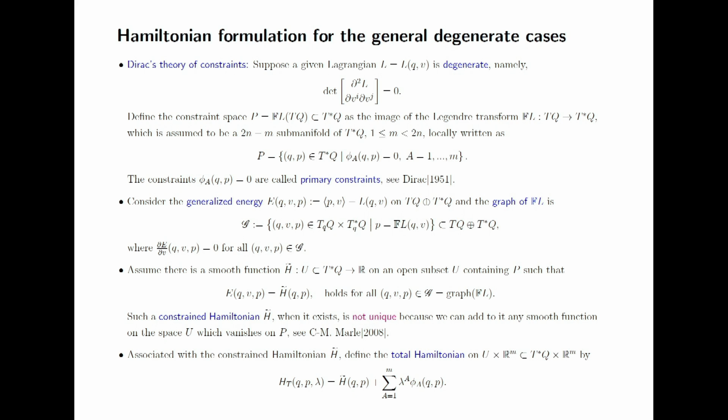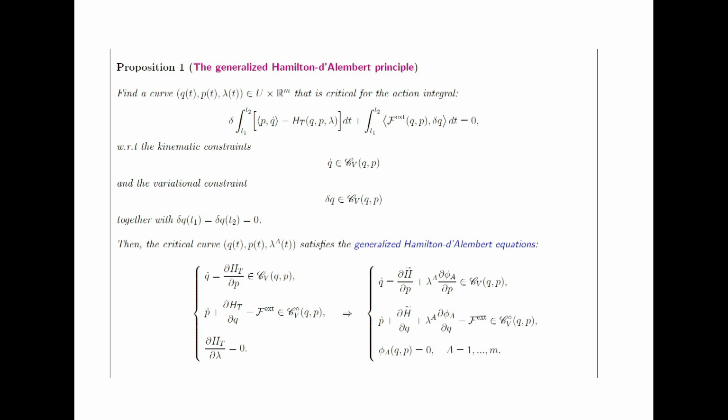But the constraint Hamiltonian is not unique, and we can define the total Hamiltonian by complementing the primary constraint set using the Lagrange multiplier. Then we also apply the generalized Lagrange-D'Alembert principle that I showed in the abstract setting.